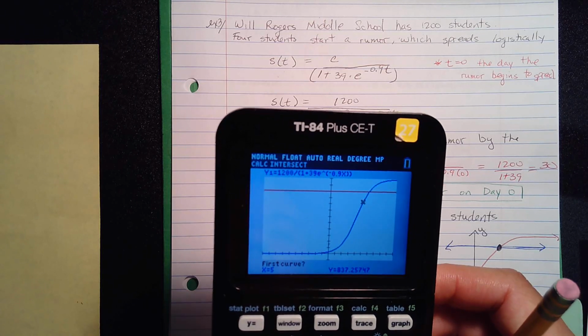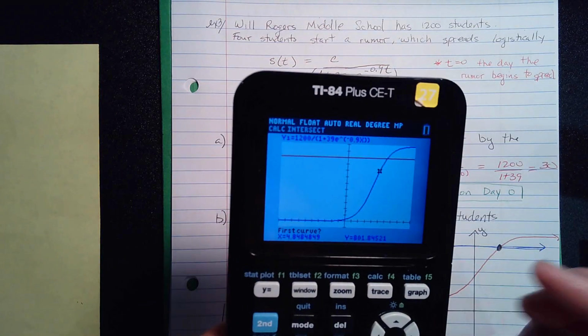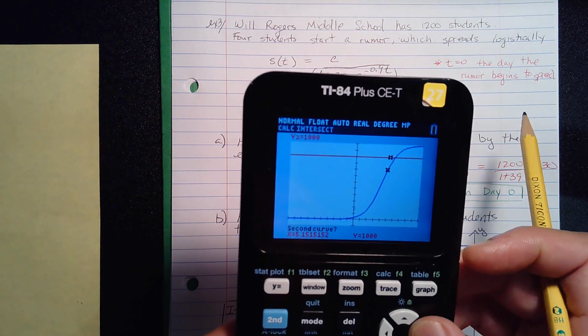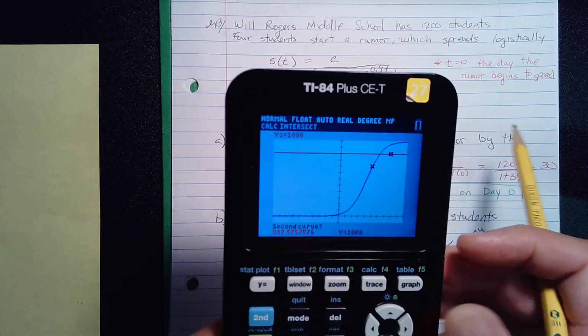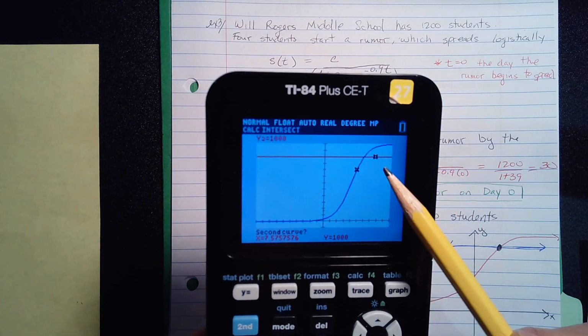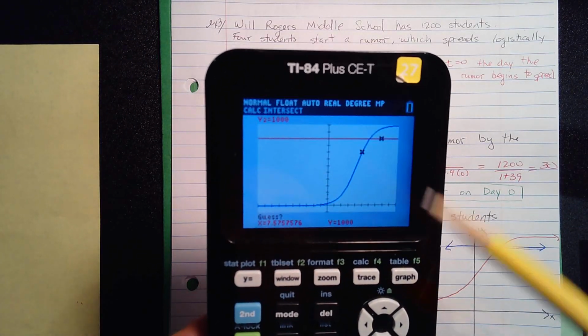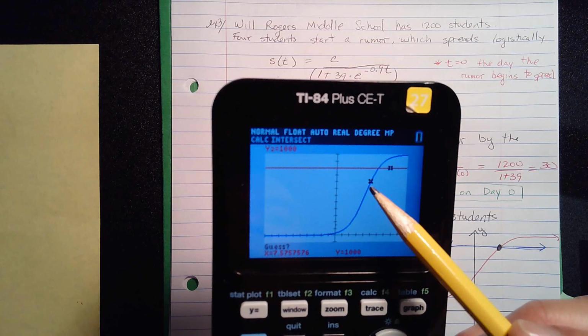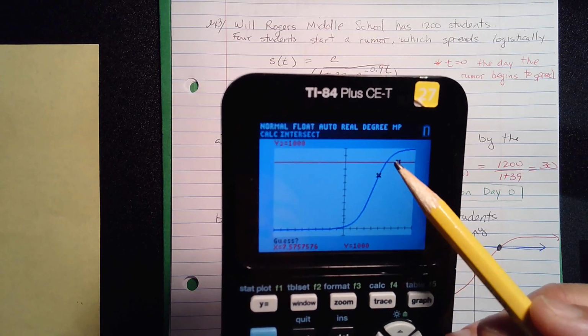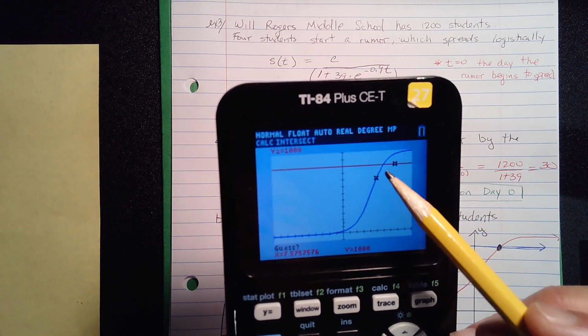Okay, and so that's the bottom, hit enter, and then now you're going to surround any intersections. So look what I did. Here's the second function. Hit enter. So what I did was I surrounded any intersection between this graph, and it's going to locate it right there.